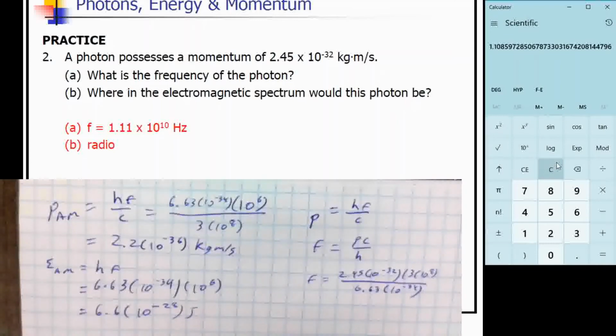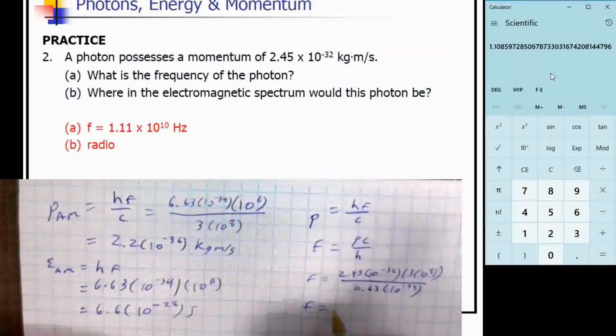And my order will be, let's see, I'll do this in my head. Negative 32 divided by negative 34 is going to be 2, and 2 times 10 to the 8 is going to be 10. So f equals 1.11 times 10 to the 10 hertz.